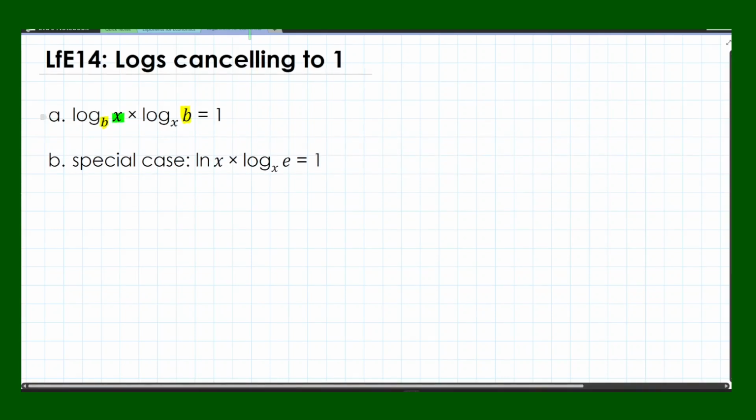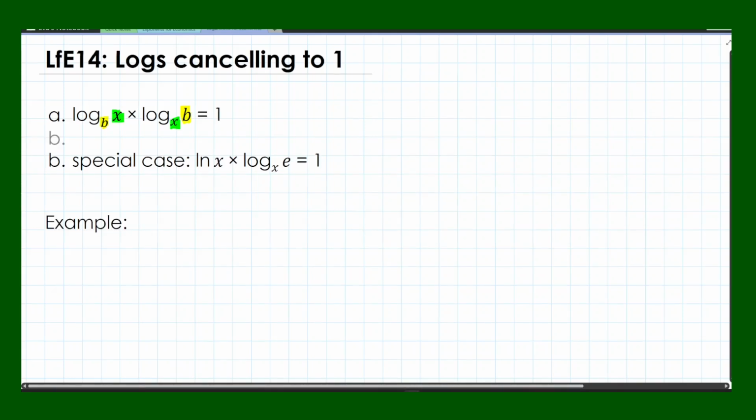And what was the argument of the first log becomes the base of the second log. So basically, once you multiply two logs together where the role of the base and the argument is switched around, they will cancel down each other into 1. The special case of this would be ln of x times log base x of e being equal to 1.